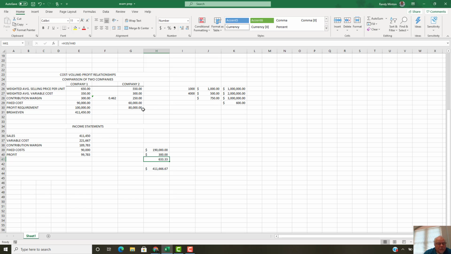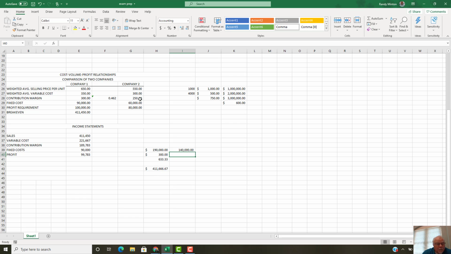And if we did this next one, we're going to wind up with a very similar computation here. I want to see what the number of units is that I need to break even, given that I have a fixed cost of this, a profit requirement of this, and a contribution margin of this. Okay, so again, if I add this plus this, I'll just do that in my head, it's 140,000. And here, let me get some decimals in here.